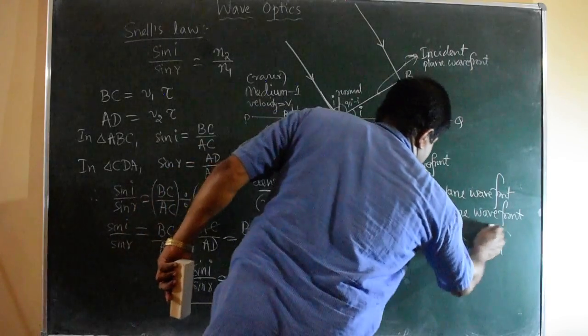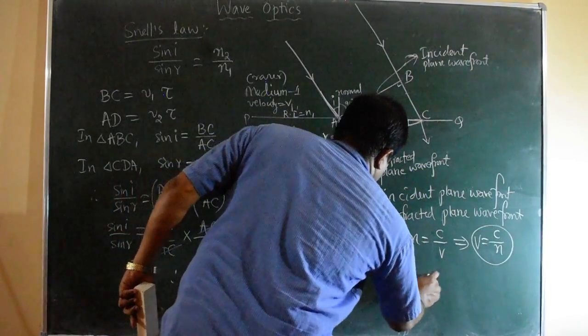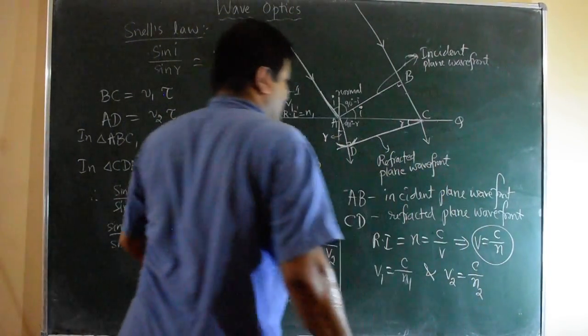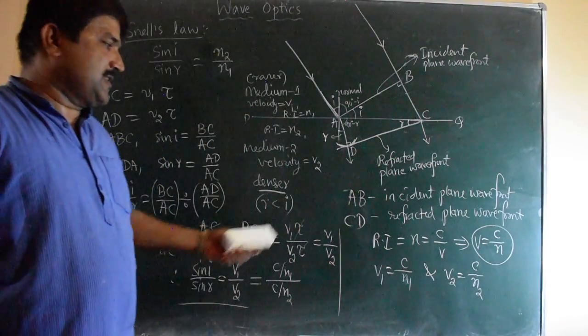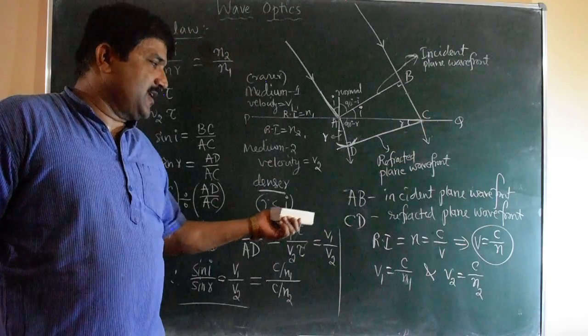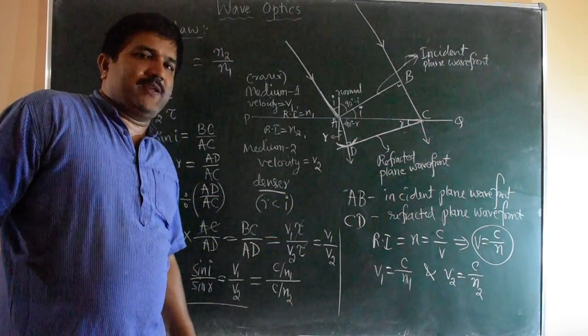So V1 equals c by n1 and V2 equals c by n2. The velocity of light in any medium is inversely proportional to its refractive index.